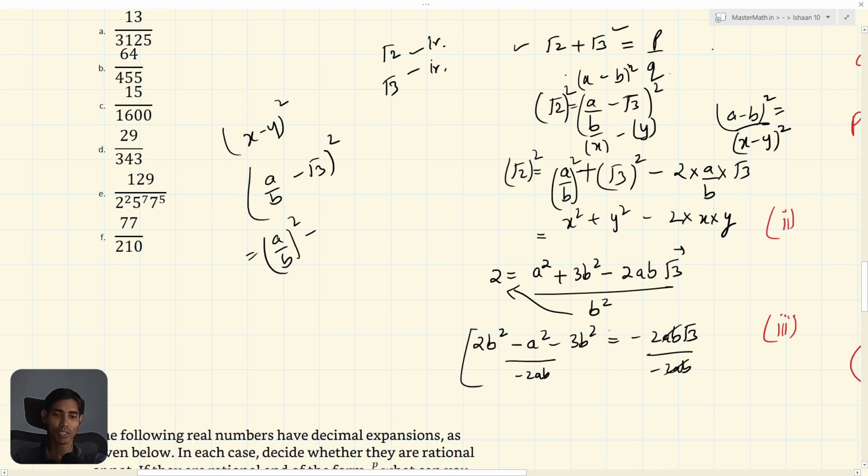Everything on this side would be a rational number, and this would be root 3, irrational. Is that correct? Yes, sir.